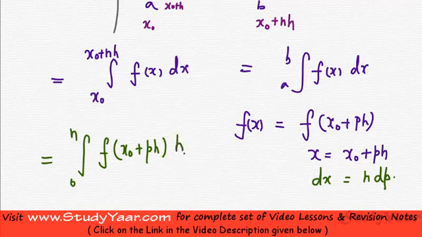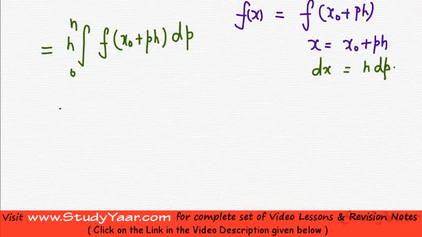Since h is a constant, I'll just keep it outside and I have dp.